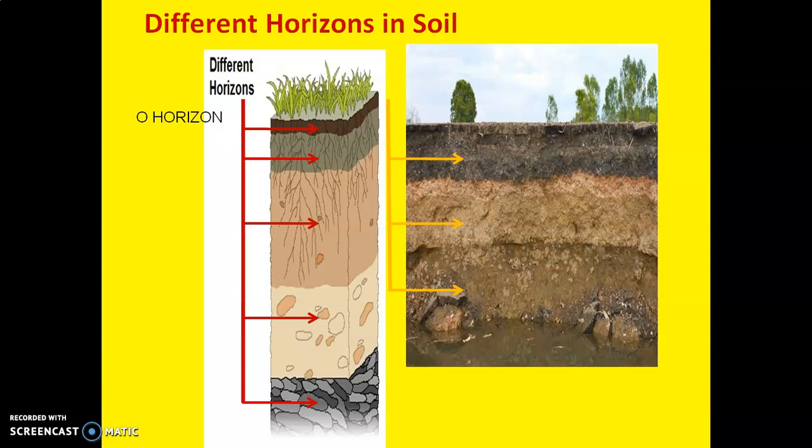These layers are called horizons. Each horizon has different characteristics from the layer above and below it. The characteristics can be color, texture, presence of organic and inorganic matter, particle size distribution, water content, and other physical and chemical properties.